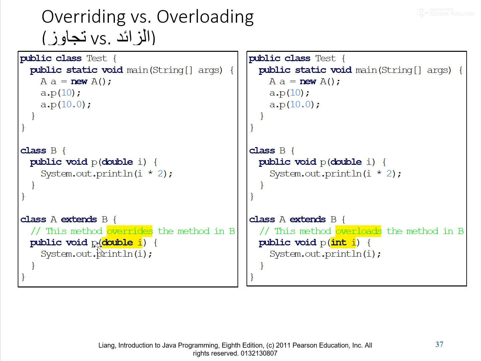So when you call the method P with an argument of type double for an object of class A, this method will be called, because it is overriding the method that is defined in class B. The example that I did in the last video lecture is basically a more elaborate example that shows the difference between overriding and overloading.